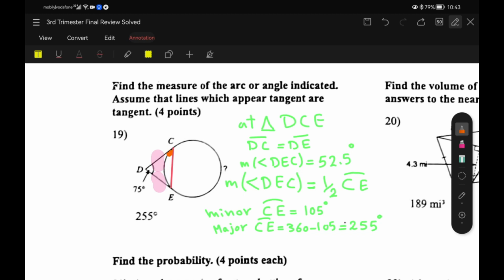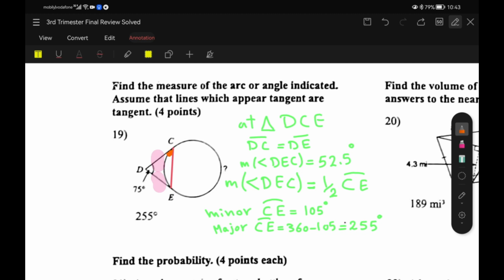The measurement of angle DCE equals 52.5 and it's a tangency angle, so it must equal half of the measurement of the full arc. So the minor arc CE must equal 52.5 times 2 equals 105 degrees.